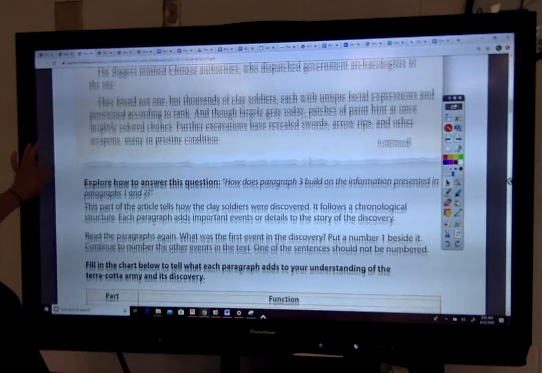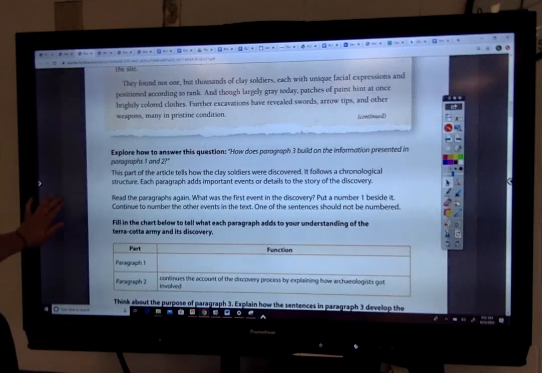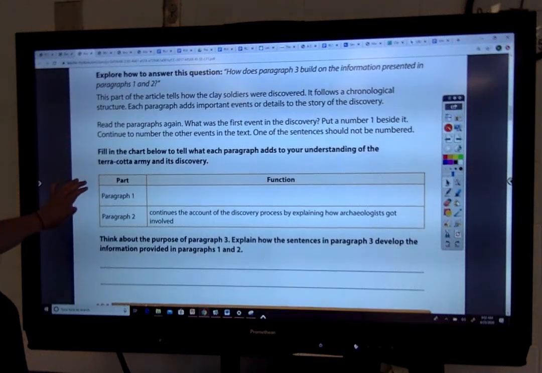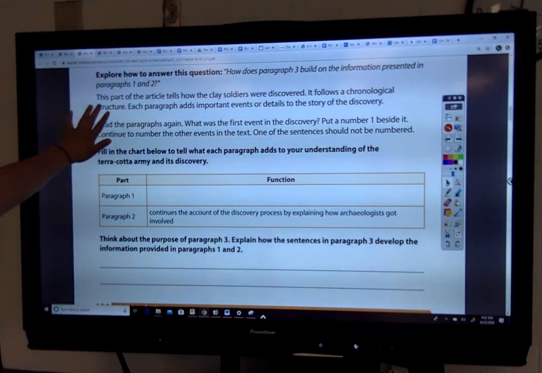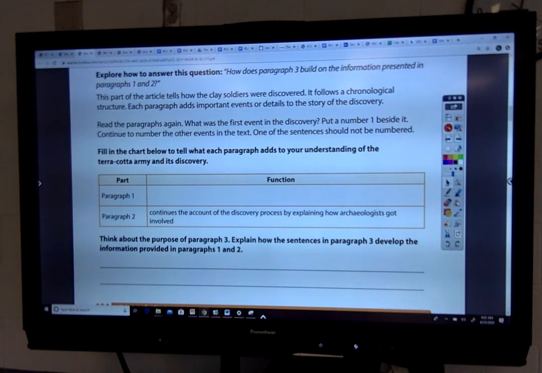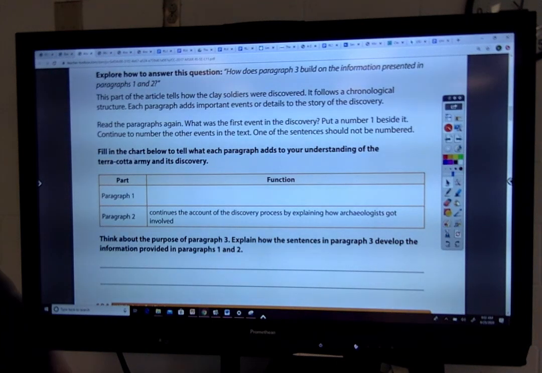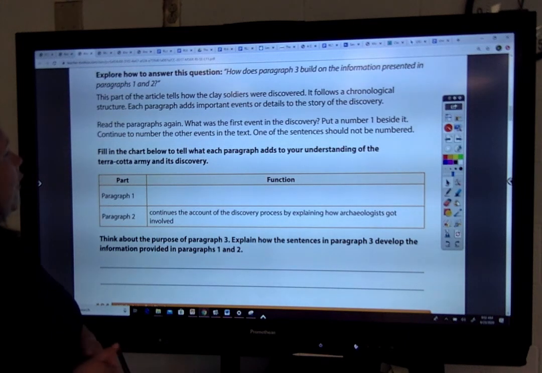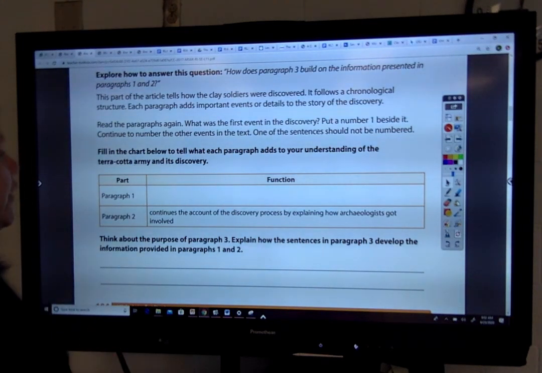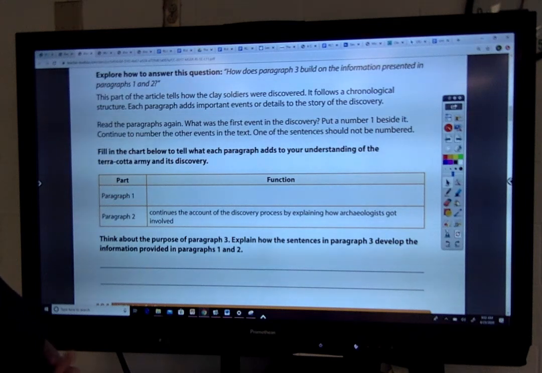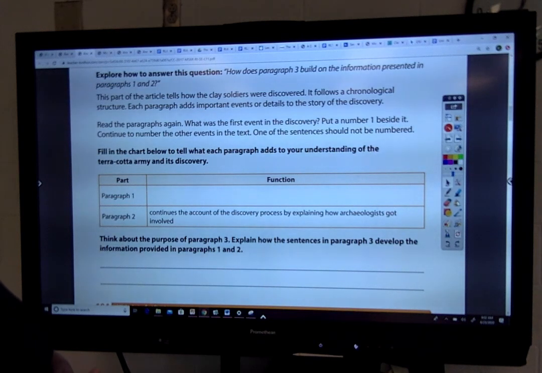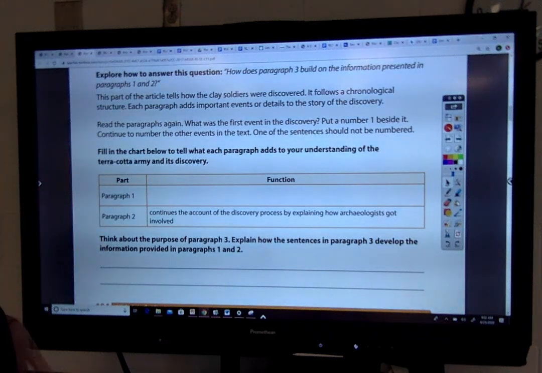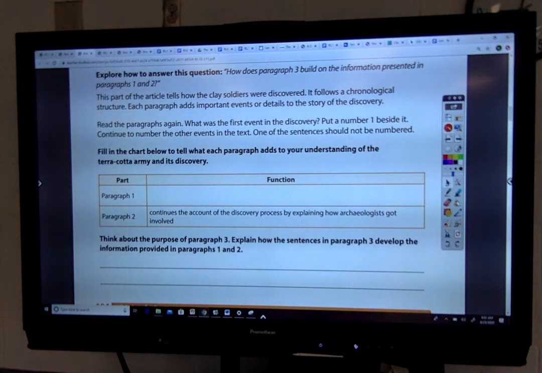Okay, so let's look at part 1 right here. It says, how does paragraph 3 build on the information presented in paragraphs 1 and 2? We're going to talk about that in just a second. This part of the article tells how the clay soldiers were discovered. It follows a chronological structure. Each paragraph adds important events or details to the story of discovery. What was the first event in the discovery?